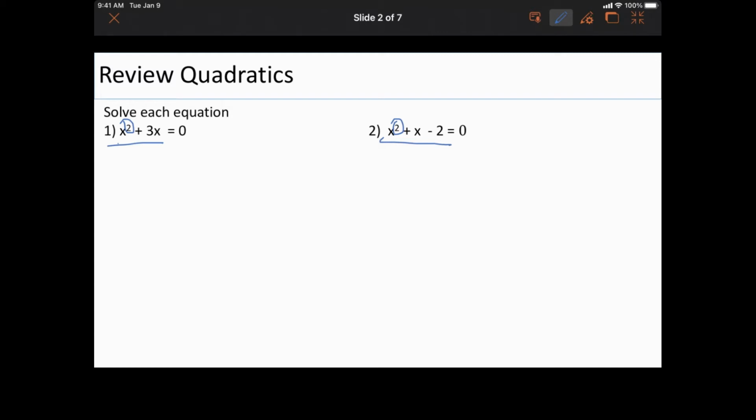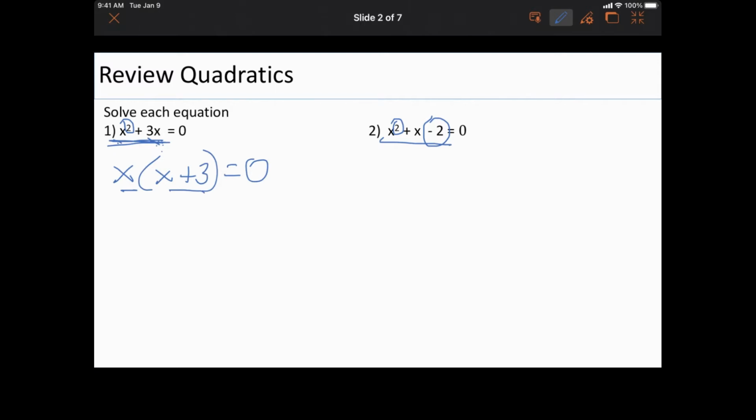So this one, because there's no C term, right? This is your C. Then I have a common factor. So this both has X. So this one, I can factor out an X. So this will give me 2 solutions and 2 things.